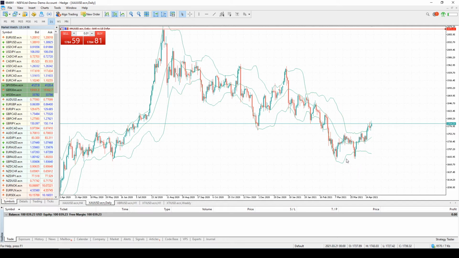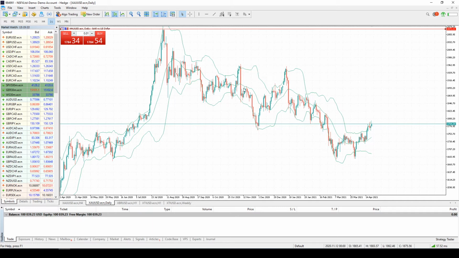Right now, reaching the strongest support level, we see that the gold price started to recover, and in a moderate way it climbs to the current price of 1784. As you see, the volatility of gold is extremely high, especially on the daily chart.